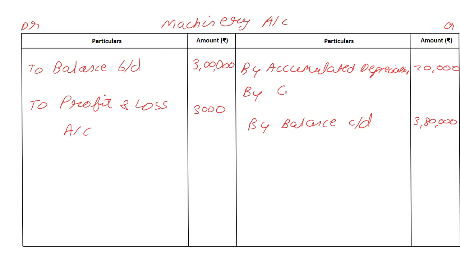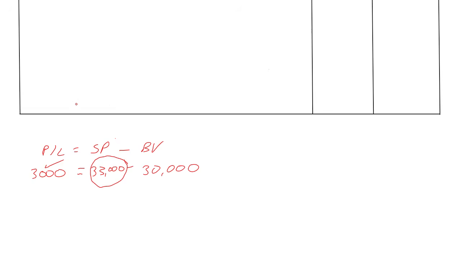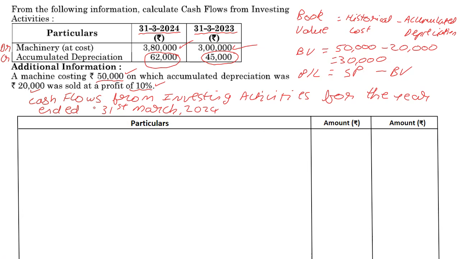So by cash or bank account, okay, normally it's bank account, but it doesn't matter. In the cash flow statement, cash and cash equivalents, one and the same, 33,000. This 33,000 that we have over here is a cash inflow from the sale of an asset, which we can immediately write in the cash flow statement.